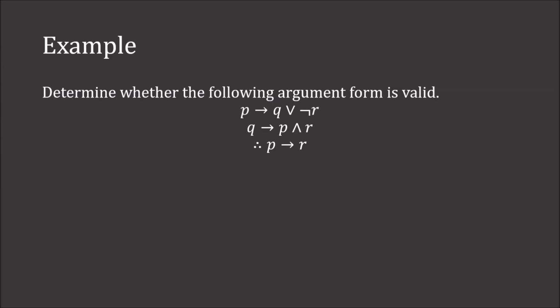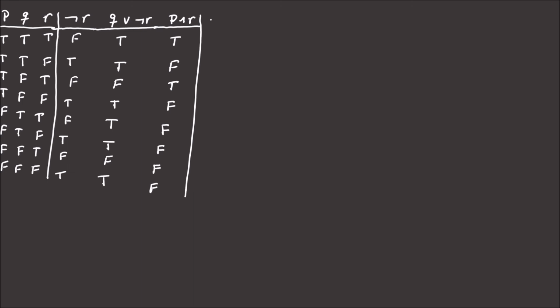Now, let's look at if P, then Q or not R. Remember, a conditional is false only if the hypothesis is true and the conclusion is false. Rows 1 through 4 have a true hypothesis, so let's look. Row 3 has a false conclusion, and that's it. So it's true everywhere else.